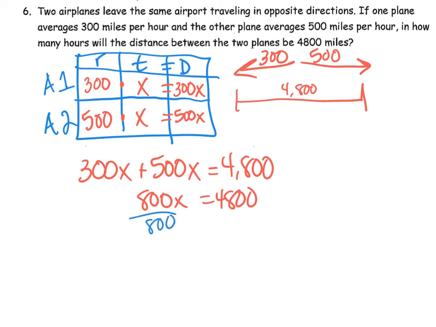Divide both sides by 800. What did you guys get? 6 what? 6 hours. In 6 hours, the planes will be 4,800 miles apart. Good.